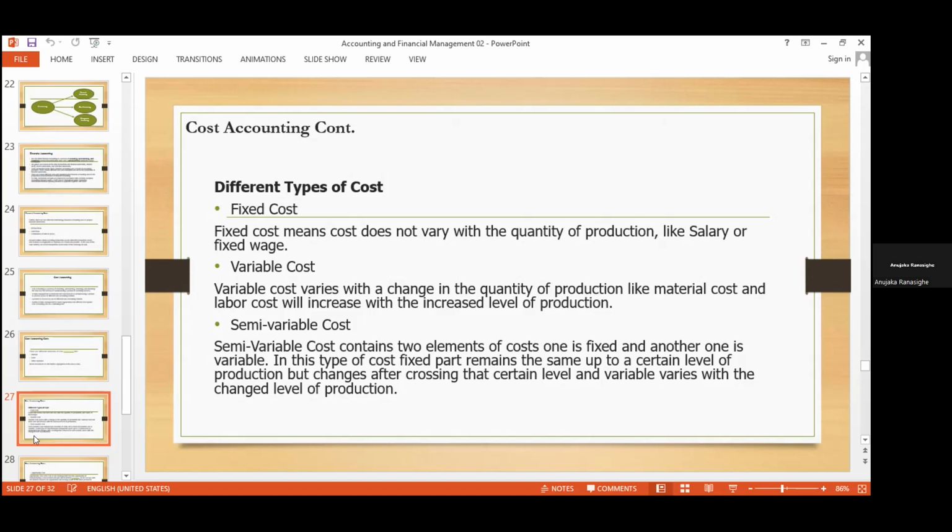Variable cost varies with the change in the quantity of production, like material cost and labor cost, which increase with the increased level of production. Are you clear with fixed cost and variable cost? Okay, thank you. Semi-variable cost.